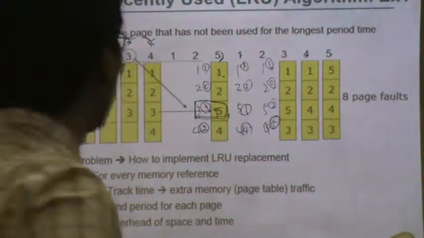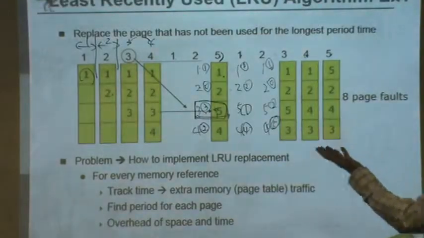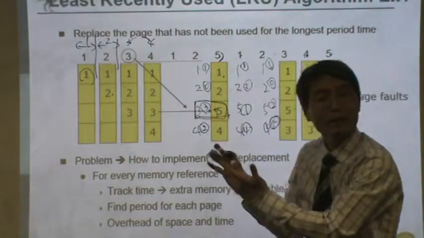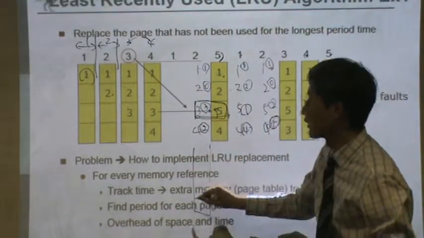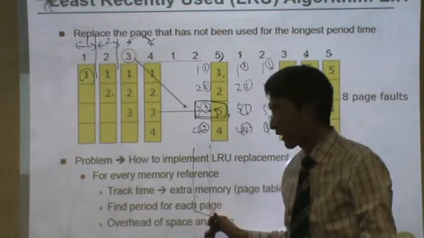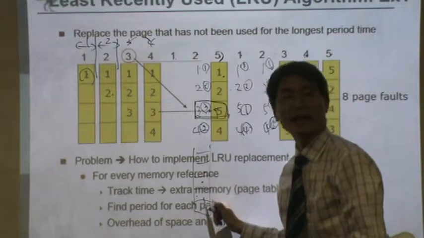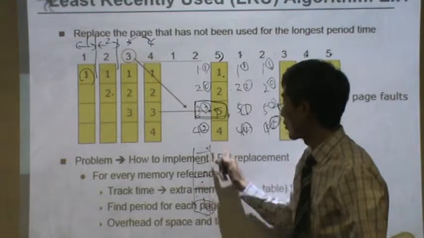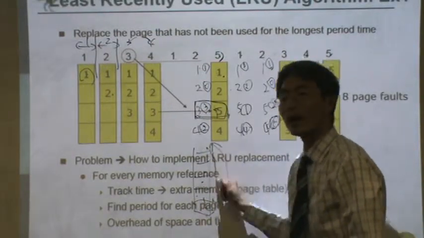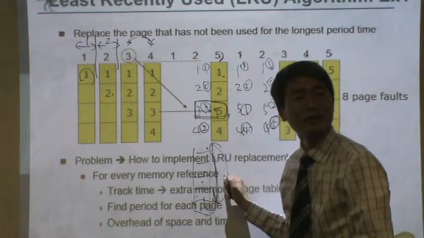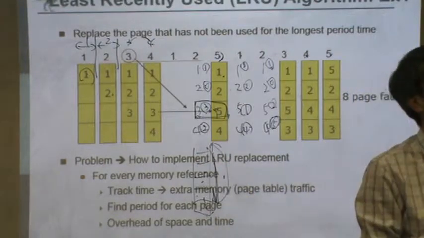Instead of moving around the real page frames, we maintain one data structure and keep the number of page frames. If a page is referenced, we move it to the top; otherwise it goes down. So that's my idea.